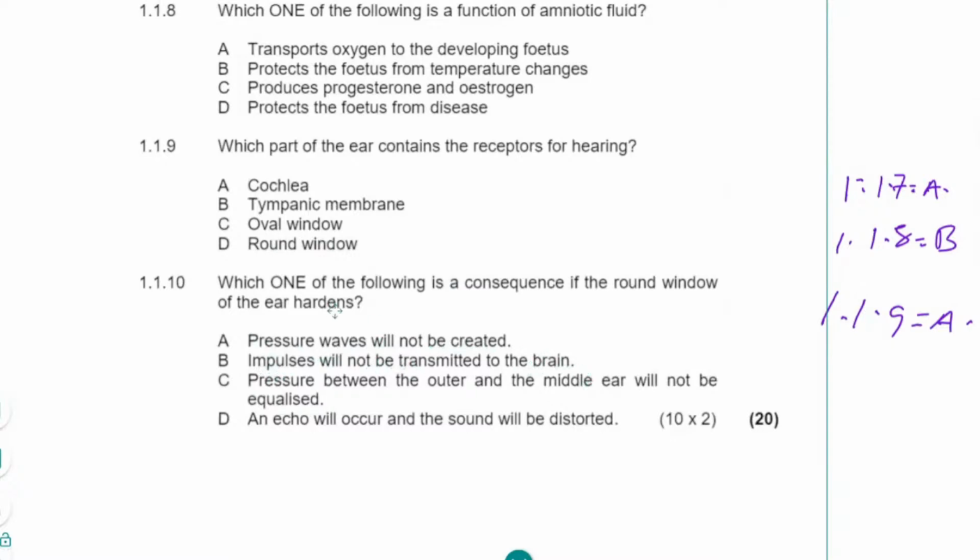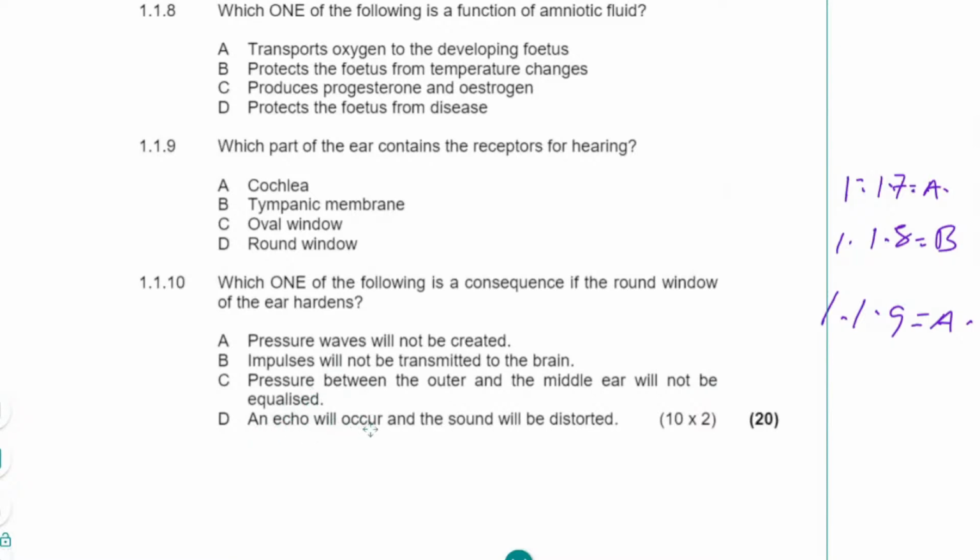No, that's not a function. If it hardens, because the round window, you'll find it when the hearing has been completed, only to absorb the excess pressure. Then pressure between the outer ear and the middle ear will not be equalized. That's not a function of the round window. That's a function of the eustachian tube. So only D is the option.